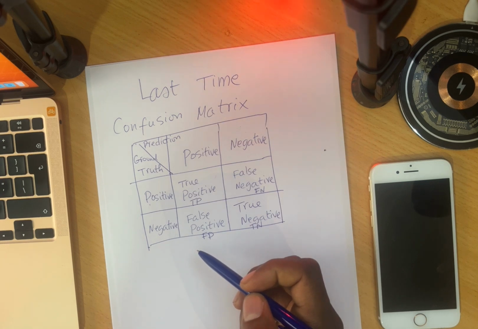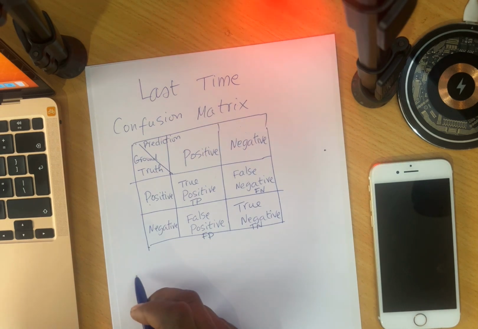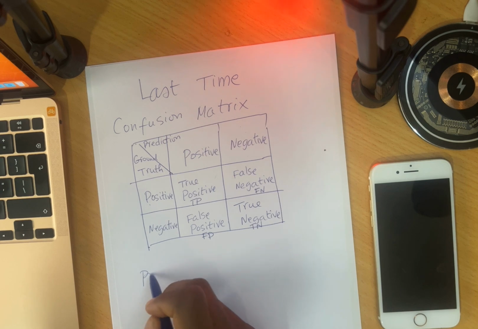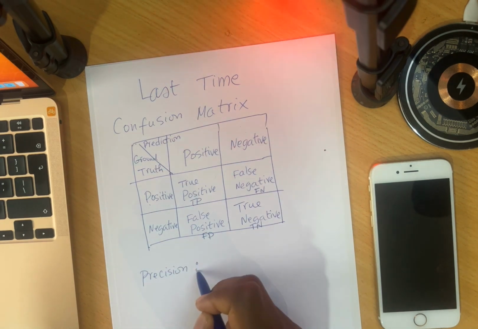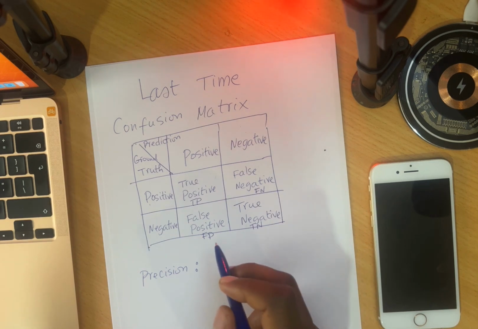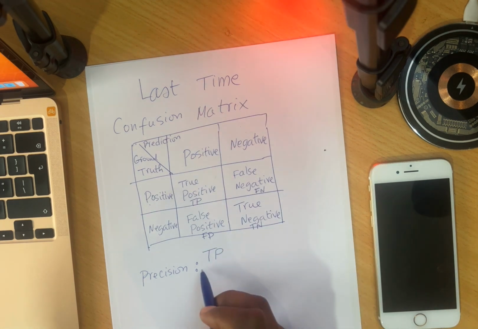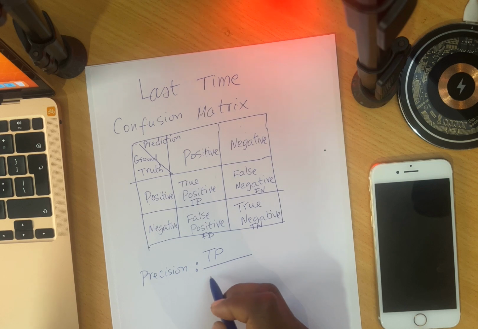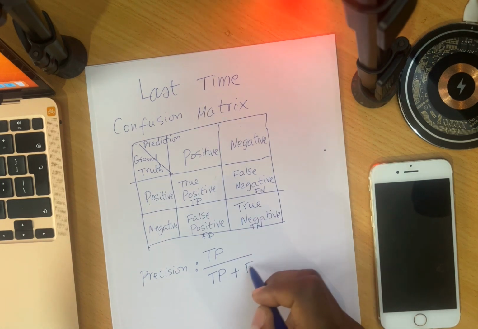From the confusion matrix, we can deduce precision. The precision is calculated by taking true positives and dividing by the sum of true positives and false positives.